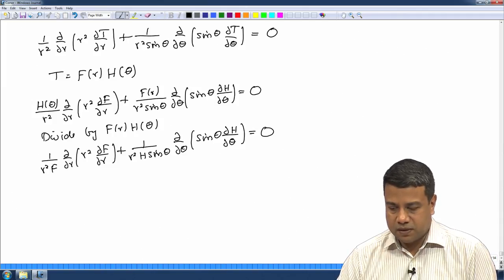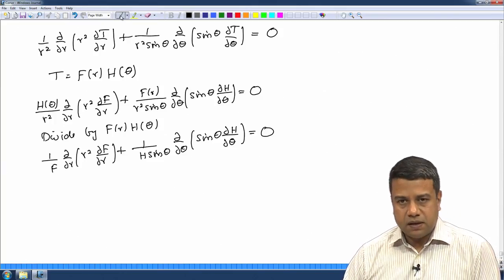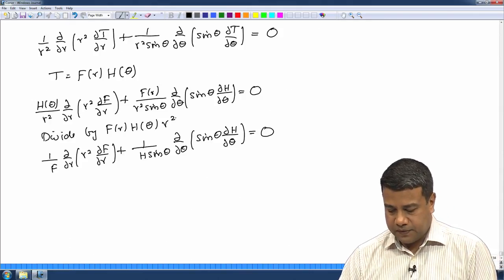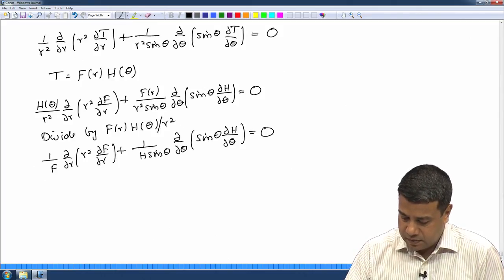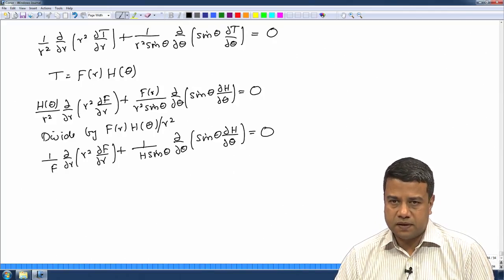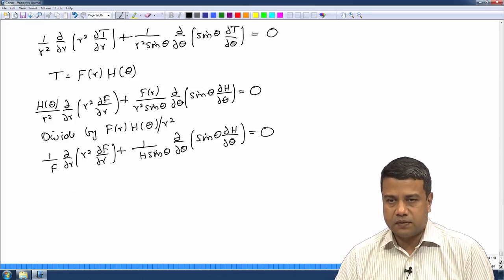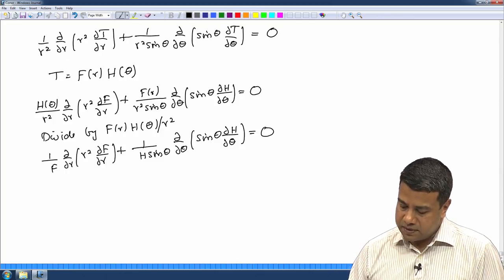You could multiply the entire equation by r square. No, sorry. So I have to divide by 1 over r square. And now I have a situation where the first term on the left is only a function of r, the second term on the left is only a function of theta. Therefore, both of these have to be constants. Otherwise, if you change r and keep theta constant, one term changes, the other does not change. So, this is the separation of variables here.